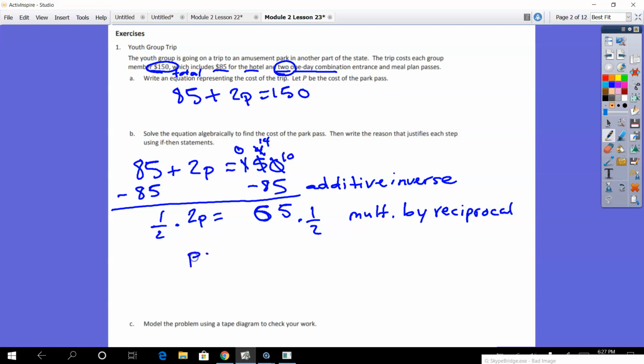Which leaves me with p is equal to 65 over 2.